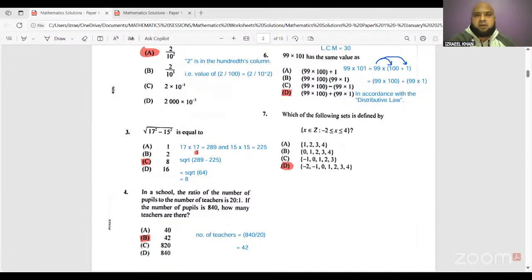We multiply out: 17 by 17 is 289, and 15 squared, which is 15 by 15, is 225. Subtracting them, you get 64. The square root of 64 is 8. So C is the answer for number 3.